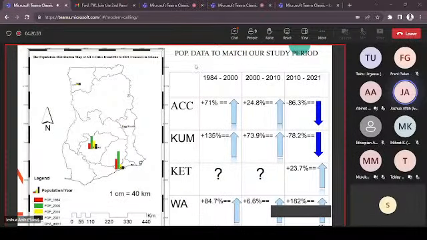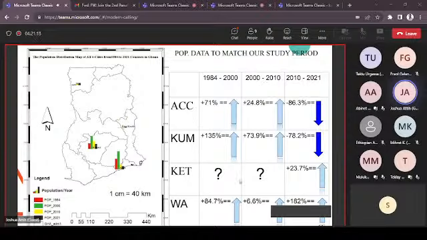So before we go to XGBoost, we proposed that maybe these temperature variations could be due to population density. So we took the census data from our study period, which is 1982 to 2022, and we realized that population was rather dropping in Accra, so it didn't account for the increase in temperature changes in Accra, and Kumasi as well.